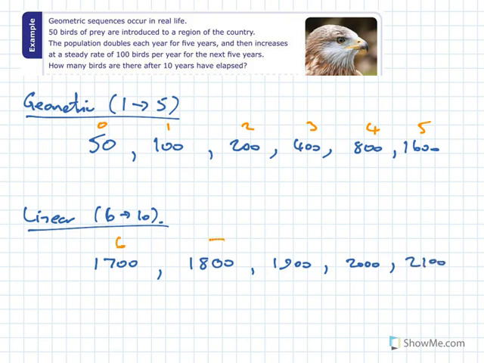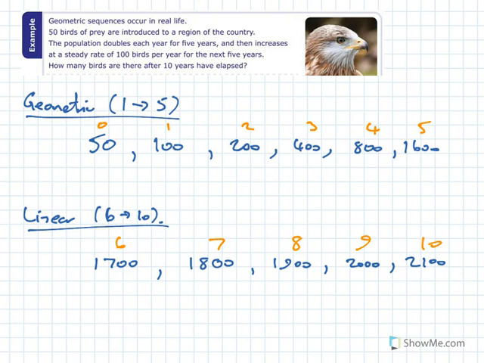Just write those numbers above just to doubly make sure I've got the right amount of years. That's good news. Okay, so there's my 2 sequences. I've thought about the geometric bit, I've thought about the linear bit, and the last bit of the question, it's really important that when you've done your maths, you look back at the question and say to yourself, have I actually answered it? It says how many birds after 10 years elapsed.